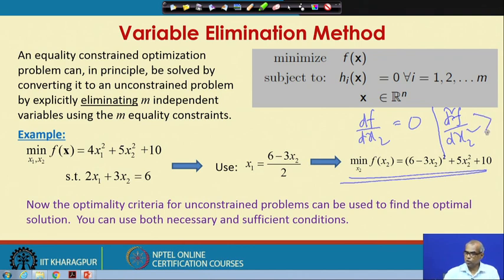If it is greater than 0, the point is a minimum. So, by that you will get the value of x2. Once you get the value of x2, you can get the value of x1 from this equation.